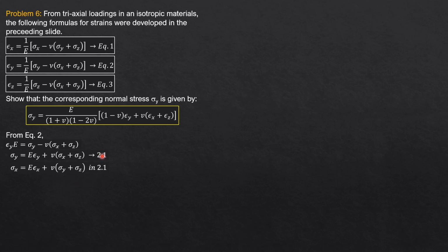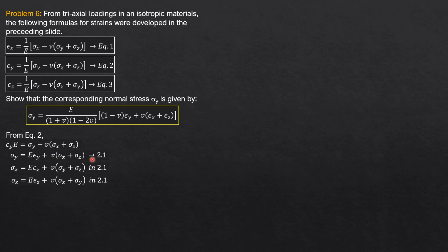Then let's substitute this in 2.1. Stress along z is E times strain along z plus Poisson's ratio quantity sigma x plus sigma y. Also substitute in 2.1 for these expressions here.